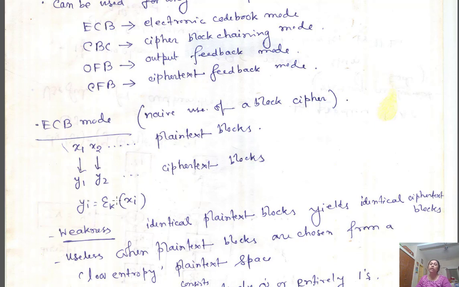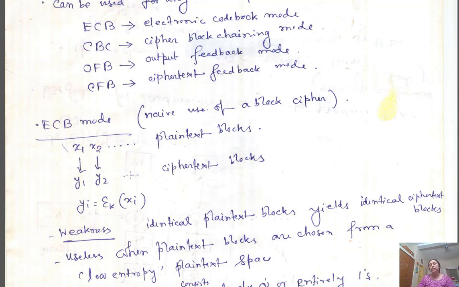This is what we call confusion. We make the process of generating the Yi's so that we don't get any clue about the relationship between the key and the ciphertext. For that purpose we use substitution ciphers, the substitution box, S-box.